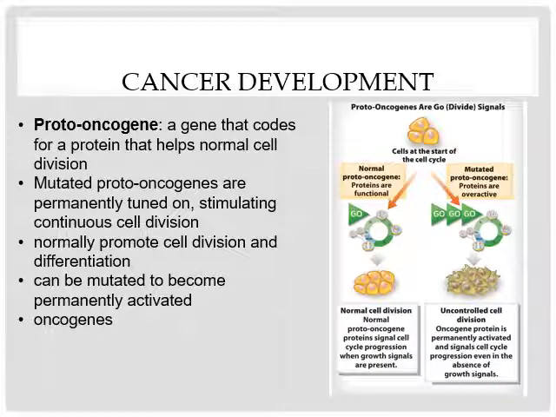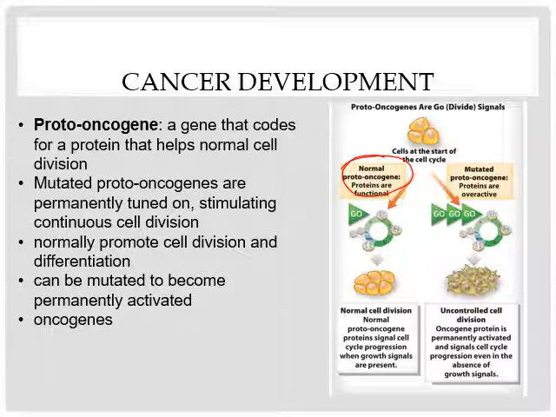So there's two different kinds of genes that are really important in cancer development. The first one is proto-oncogenes. Okay, proto-oncogenes are go or divide signals. So these are kind of like the accelerators. Okay, we all have proto-oncogenes, whether you have cancer or not. Proto-oncogenes are not a bad thing, but we want a normal one, right?